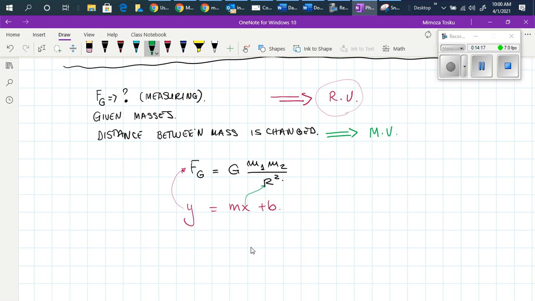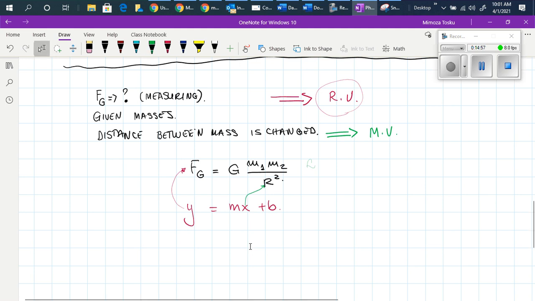If you plot this against the distance, you will not have a straight line. You should be able to realize this immediately, because r is not in the numerator, and r is not to the power of 1, it is to the power of 2. You have seen this in Physics 20: the force and the distance are in inverse squared proportion.